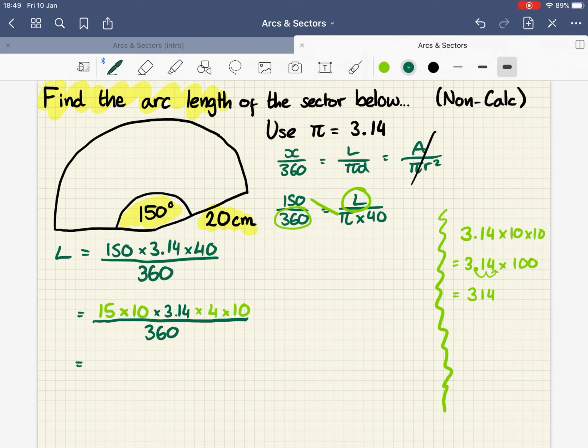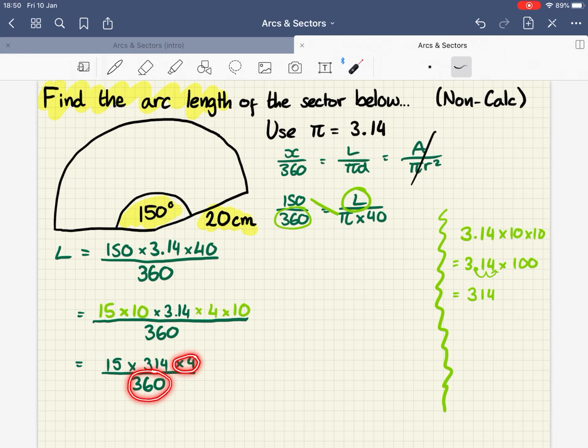So what I've actually got is 15 times 314 times 4 all over 360. Now at this point you could start multiplying all the tops, but it's actually far easier for you to start simplifying the whole thing down. So first, I'm just going to look at this times 4 and that 360.